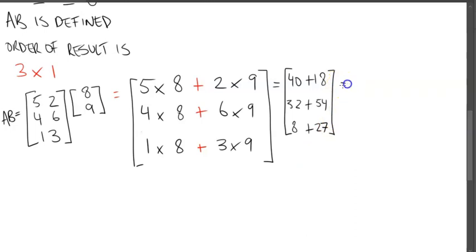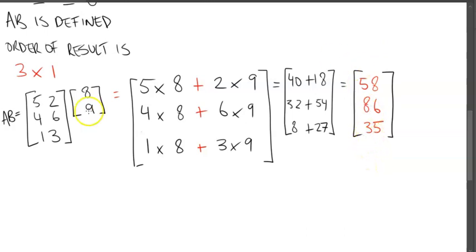Cool. Alright, let's get our results. 40 plus 18, 58. 32 plus 54, 86, and 8 plus 27. And this is our result. And that's the matrix multiplication.